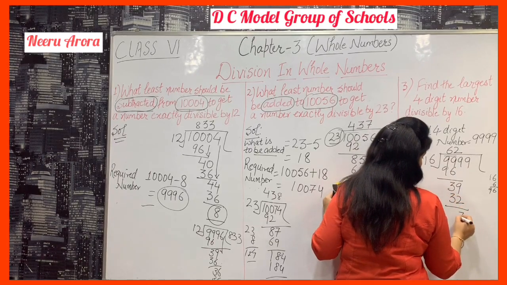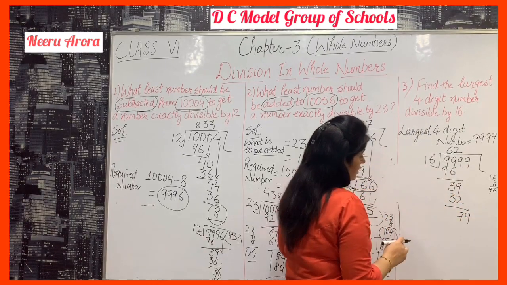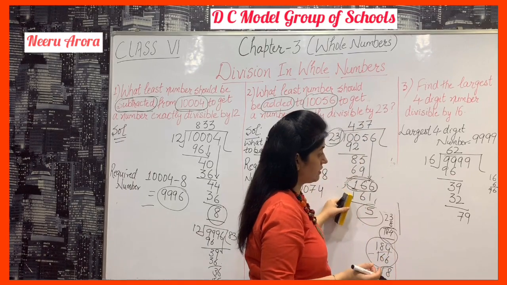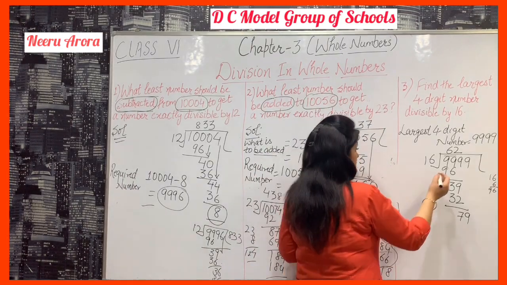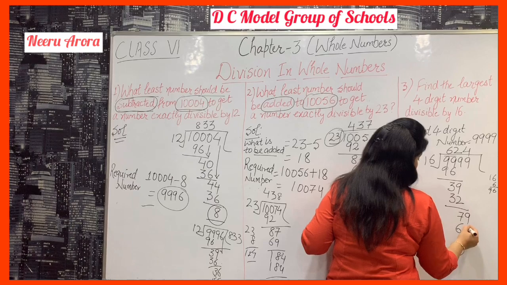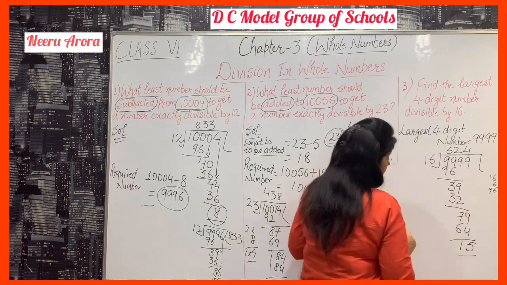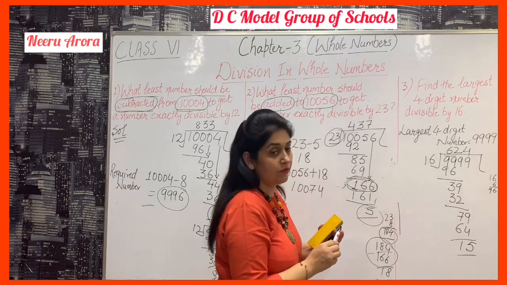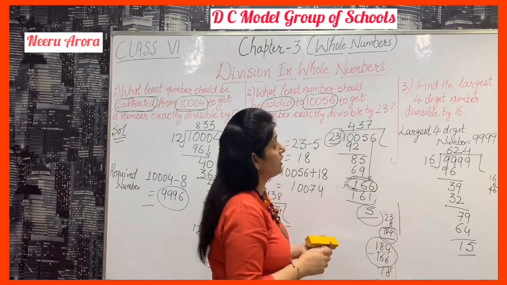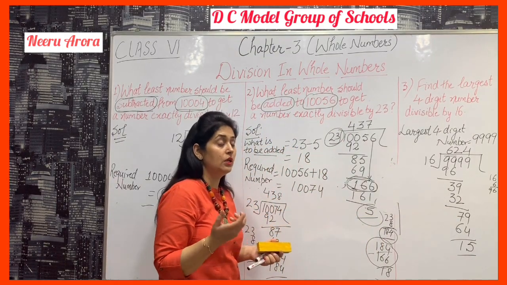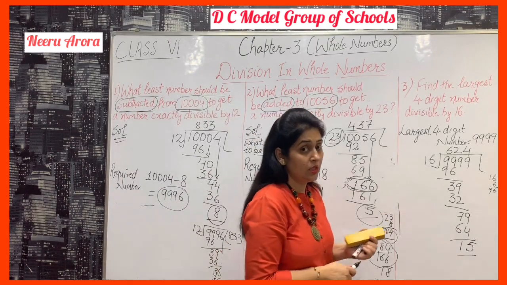So here it comes 79. So what comes? 16 5s are 80. So it goes on, 16 4s are 64. So we have 15. What is the remainder? 15. So now we want the largest 4-digit number that is divisible by 16.